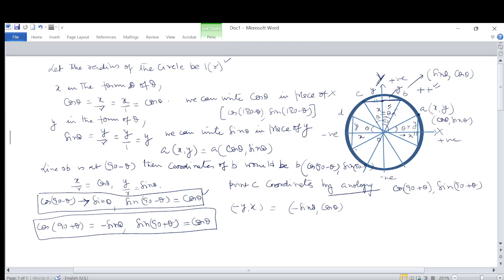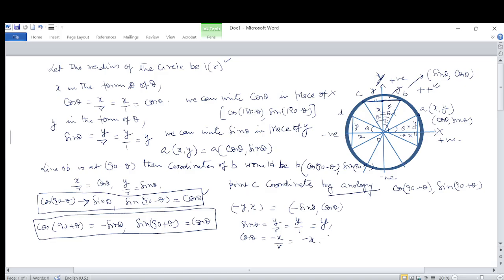Here, if you count the sine theta, it is y upon r, which is y upon 1. Y here is the upper side, so y remains positive. And come to the other one, cos theta. Cos theta is x, which is on the negative side, so it is minus x upon r, or minus x.